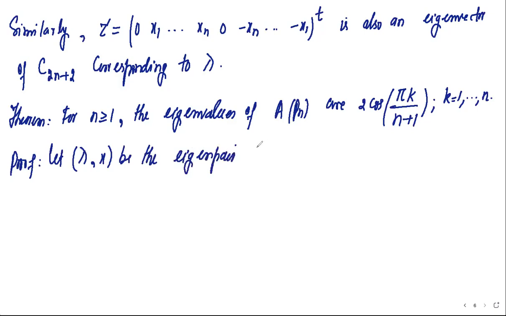Let lambda, x be the eigenpair of the adjacency matrix of path Pn, where x is equal to x1 through xn.